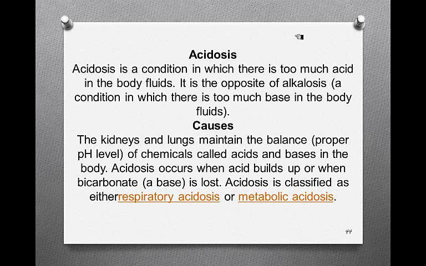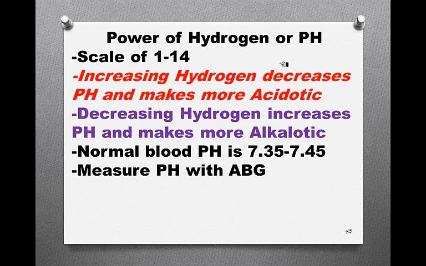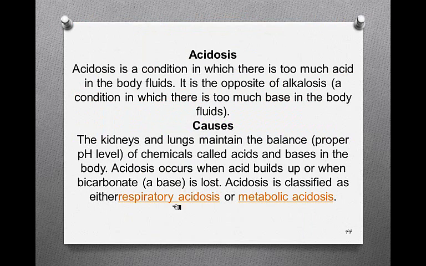Remember, acidosis is from increasing hydrogen and decreasing pH. So we're increasing hydrogen and that decreases pH.